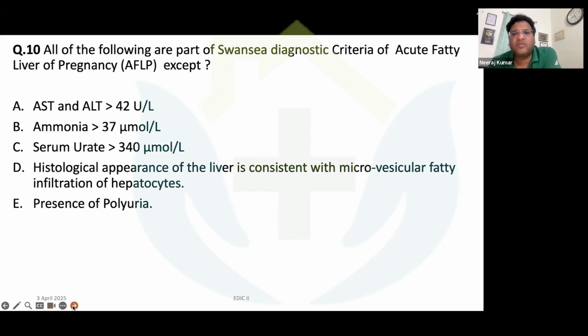Okay, now the next question, Swansea criteria, I think is a straight one. Only the except option has to be taken care of. All of the following are true except. Okay, anyone? Swansea criteria for AFLP. Good. I think you all should go and read because this is again very important.